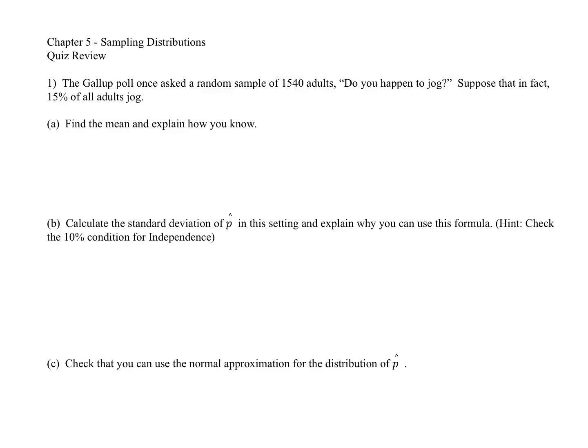So we know the mean of a sampling distribution for proportions and means is equal to the population, which in this case is 0.15. And the reasoning behind that is not because the sample proportion is equal to the population proportion.